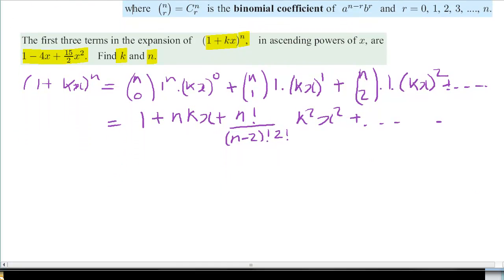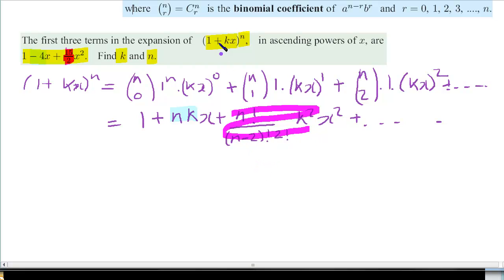Now, what have we got? Well, so far we've got that minus 4 is going to be equal to nk here. And the 15 over 2 is going to be equal to all of this bit here.